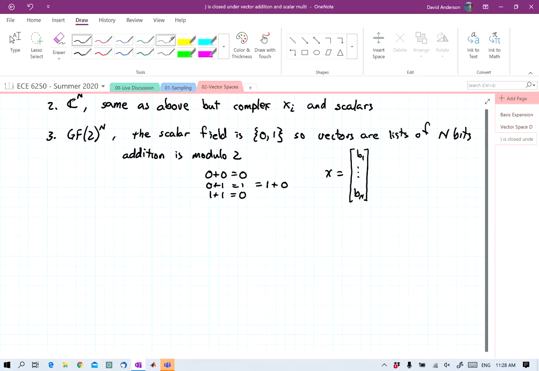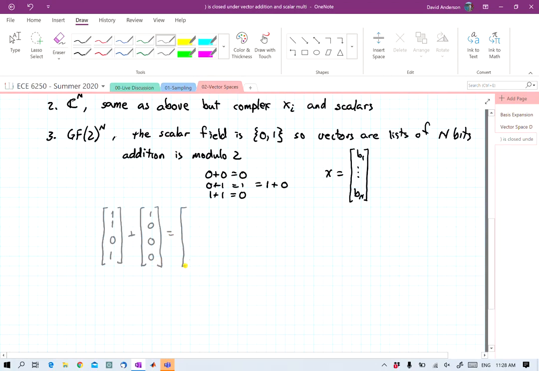And so, for example, we could take two vectors, say 1, 1, 0, 1, plus 1, 0, 0, 0, and get a result there. So while you're considering what that could be, turn to my next page of notes.